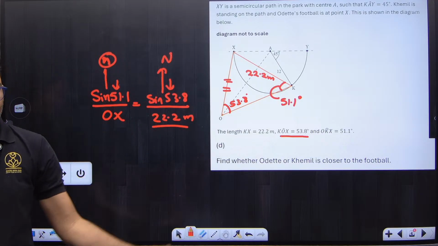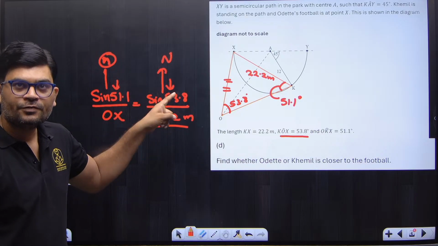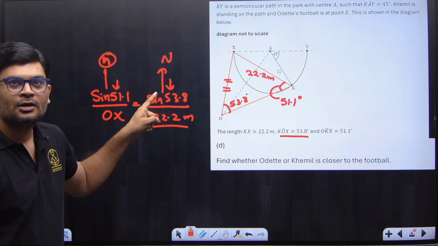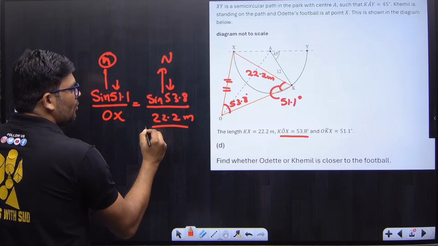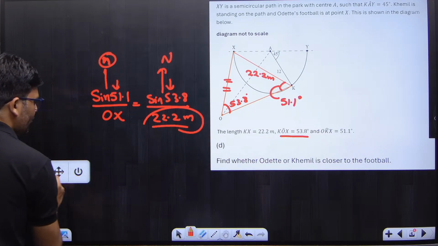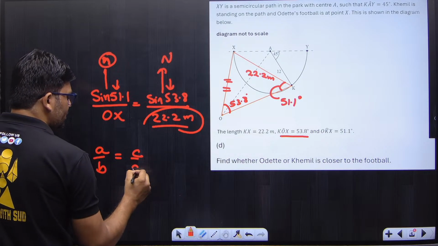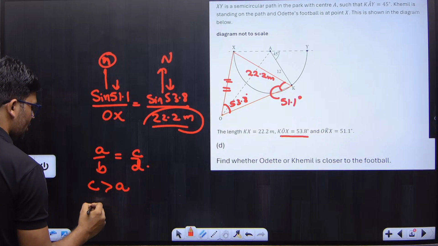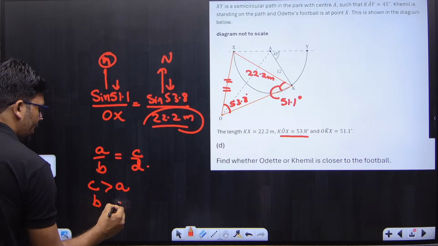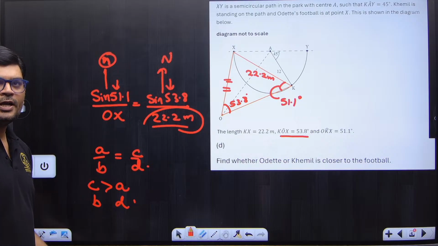If this numerator is greater and these two ratios are equal, what about the denominators? I am giving you another question. A by B is equal to C by D. If C is greater than A, what can you say about B and D?